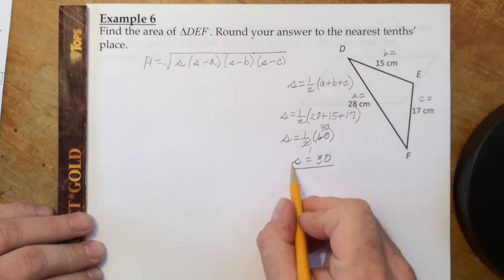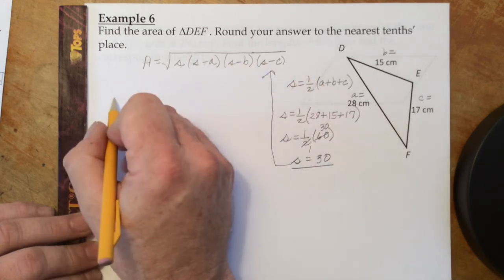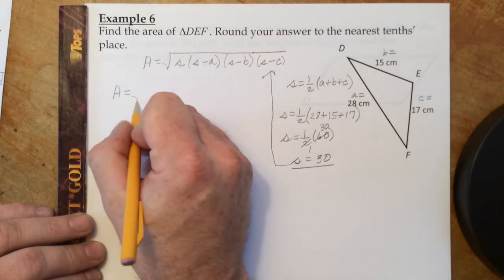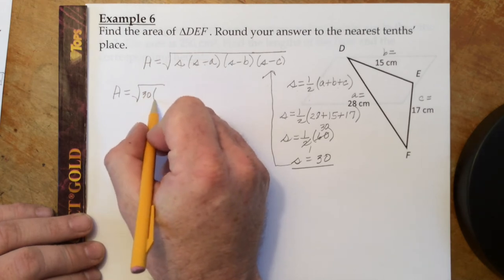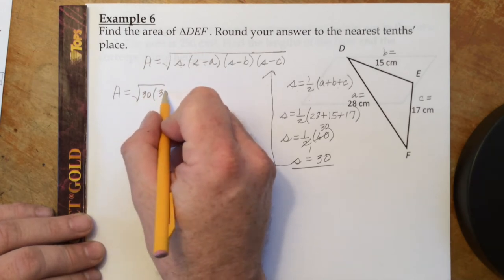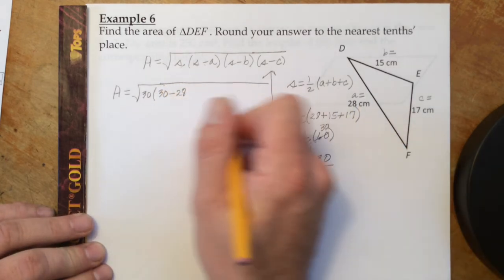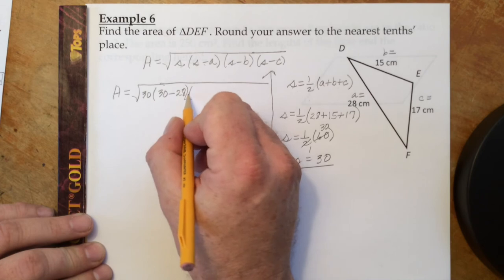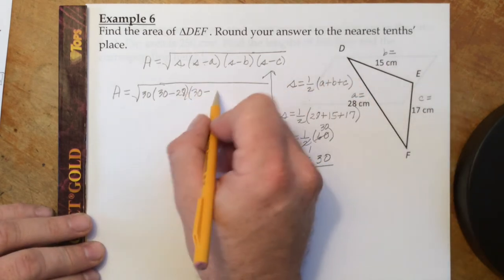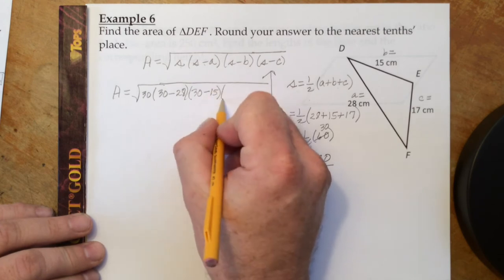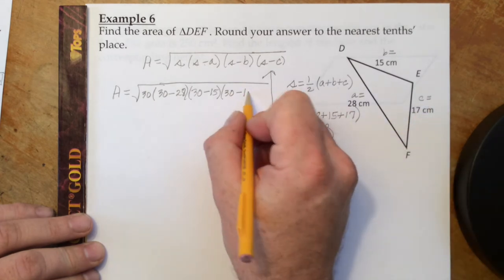Now that we've found S, we use that S in this formula, here, here, here, and here. So A, the area, is equal to the square root of S, which is 30, times the difference between 30 and the first side, 28, times, that's times there, not plus, S, which is 30, minus B, which was 15, times S, which is 30 again, minus C, which is 17.